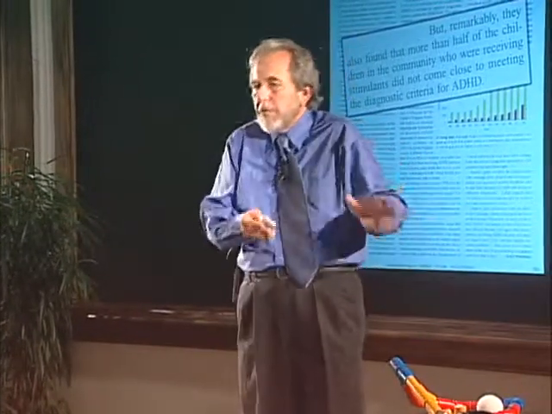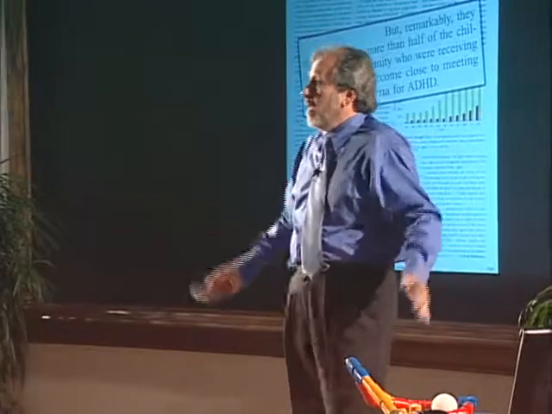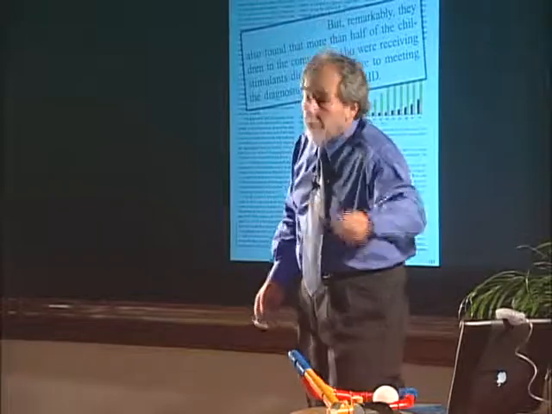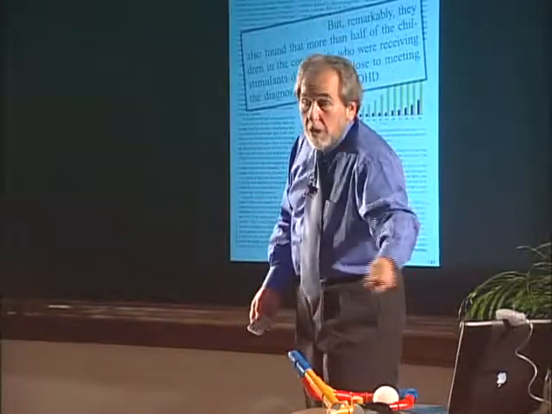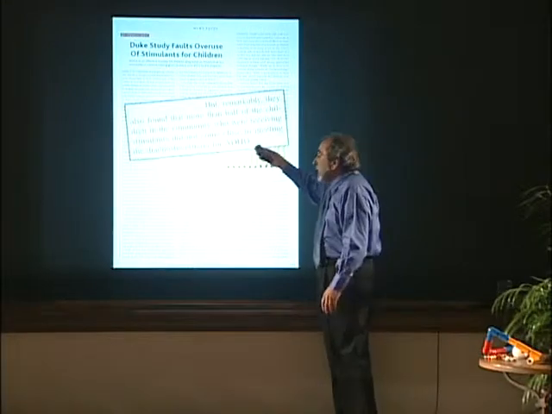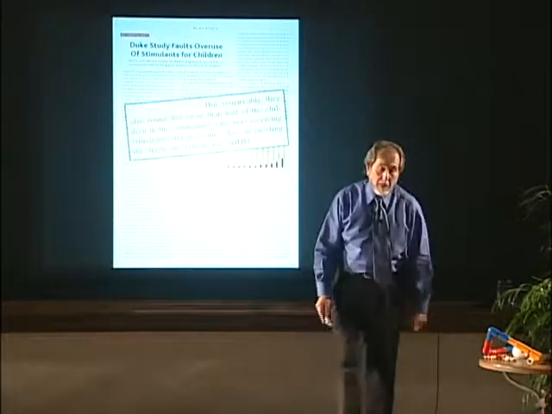Why? It's not my responsibility. Give it the drugs, I don't have to worry about it. And the issue is, we're so fast to say that everything that's not behaviorally correct is a chemical disorder that we immediately prescribe the drugs. 50% or more of the kids taking the drugs don't even have attention deficit disorder. But we're in a society that promotes that irresponsibility on the part of parents.